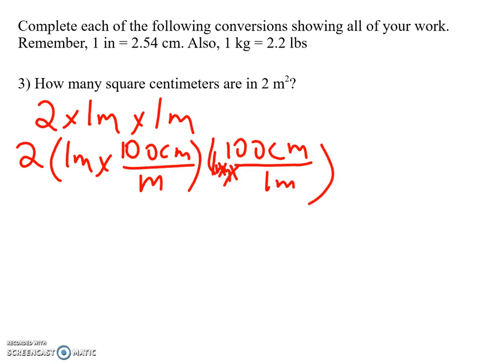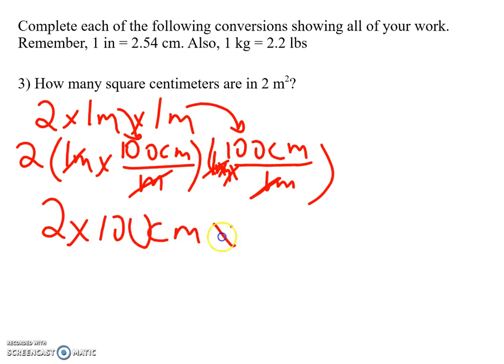So here I am changing meters to centimeters. Here I am changing this one meters to centimeters. My meters will cancel. And that gives me 2 times 100 centimeters times 100 centimeters.